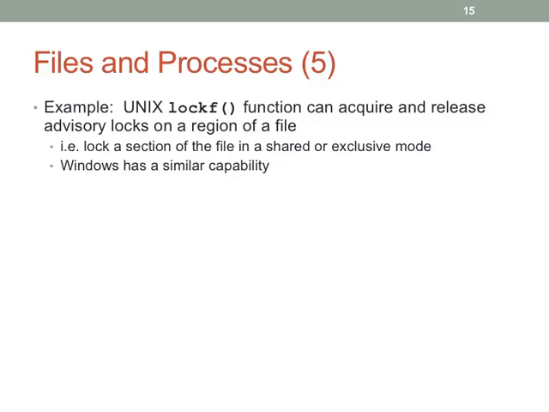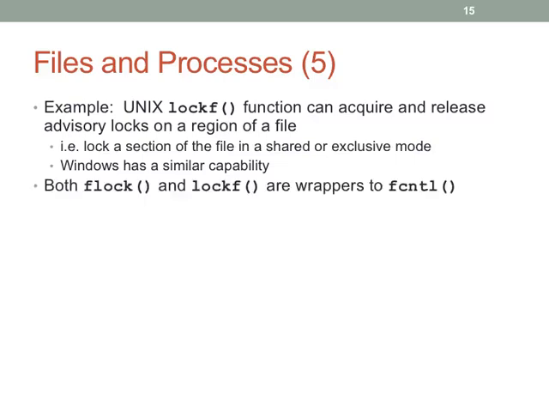But anyway, you can see that it talks about doing it in a shared versus an exclusive mode. These are basically just wrappers to this really sophisticated function called fcntl. And I'm pretty sure fcntl is a system call because everything it can do is all syscall kind of stuff. So, for example, duplicating a file descriptor or assigning a new value to a file descriptor. Those kinds of operations are fcntl issues.